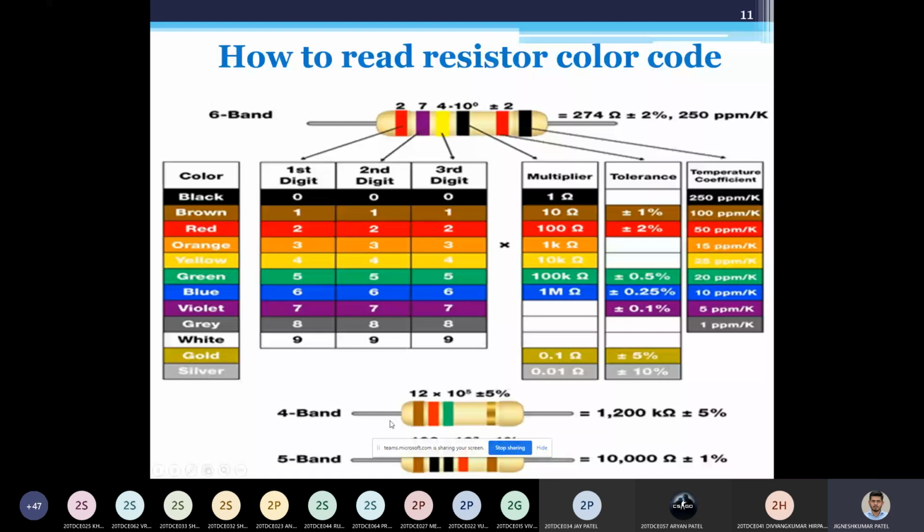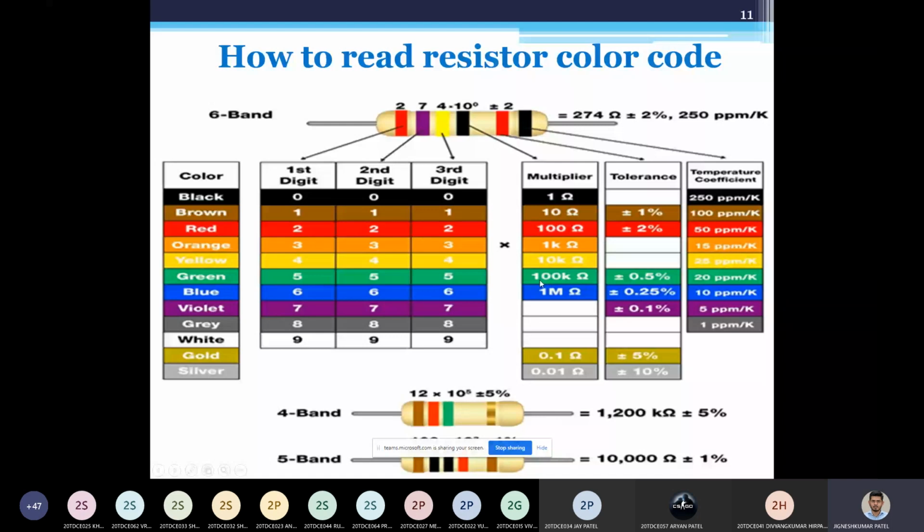So for this 4-band example, let us say what is the value of this resistor. First being brown, you can say it is 1. Second being red, that is 2. Third being green, but this is not my third band actually, so I don't read this value. Rather, I'll read this value.